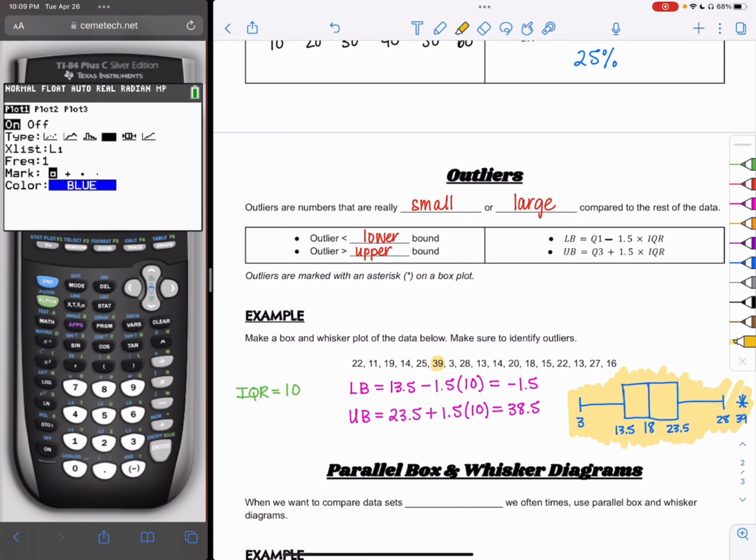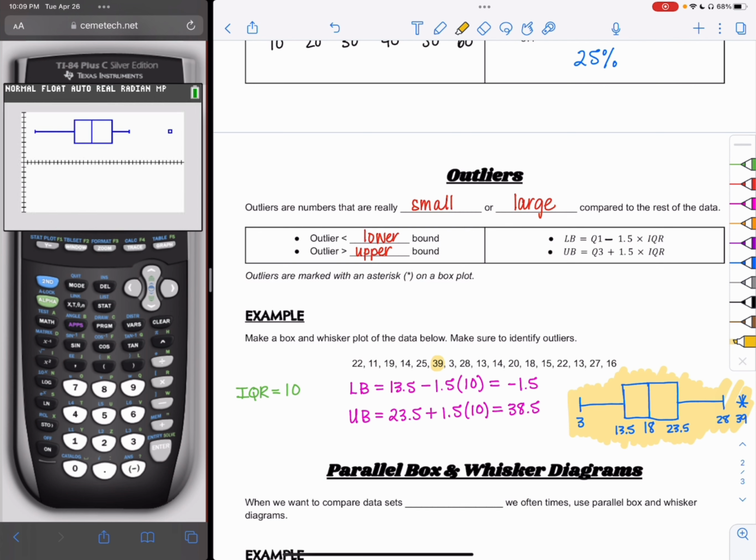Those represent the outliers. So once I select that, I can press zoom 9. And then as you can see here, when I trace my data, I have 3, and then I have 13.5, then I have 18, 23.5, and then I have 28, and then of course the outliers to the side, which is 39.